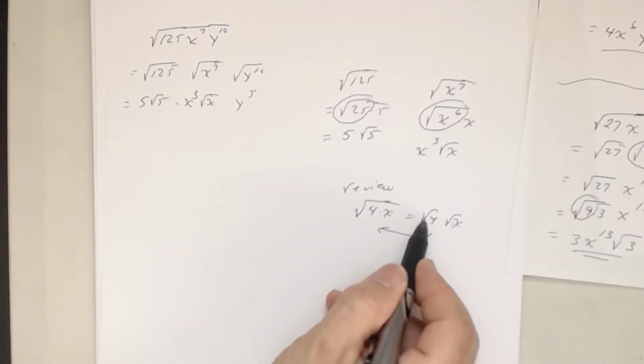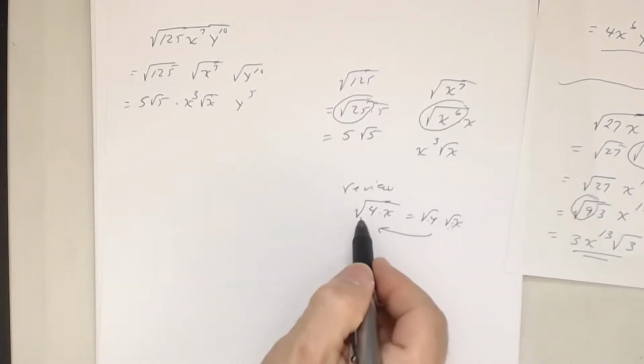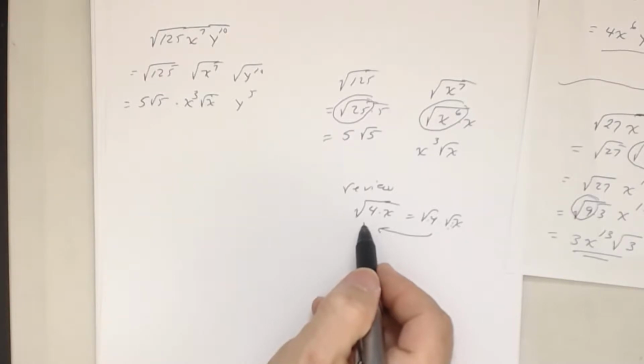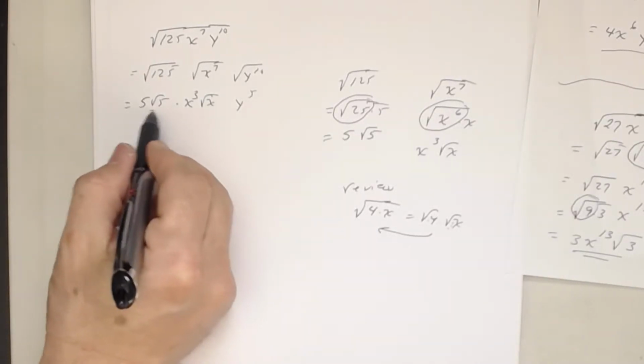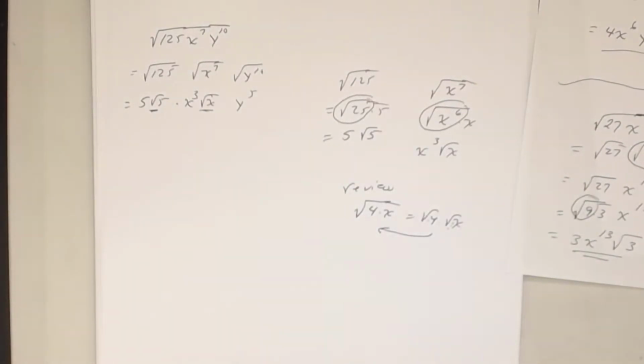You just do what to those radicands? Multiply them. So the square root of 4 times the square root of x is the square root of what? 4x. Okay? So here, you see how you have the square root of 5 and the square root of x? You want to write this as 1 square root. So the square root of 5 times the square root of x is what? Square root of 5x. So that's going to go off to the end, right?